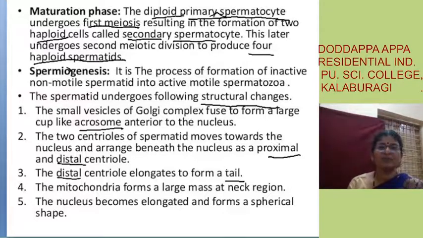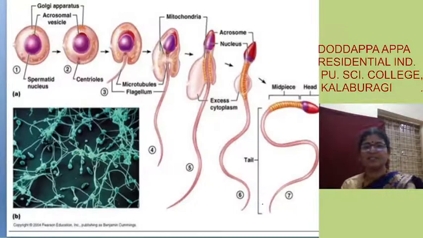The nucleus becomes elongated and highly condensed. The mitochondria form a mitochondrial sheath, also called the Nebenkern sheath. So all these structural changes take place in the sperm.